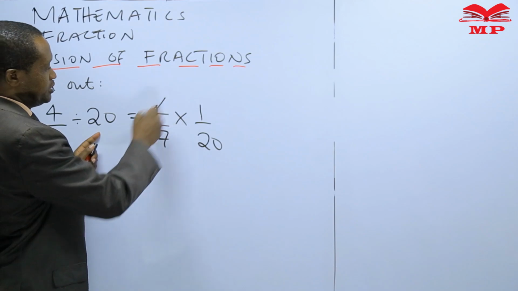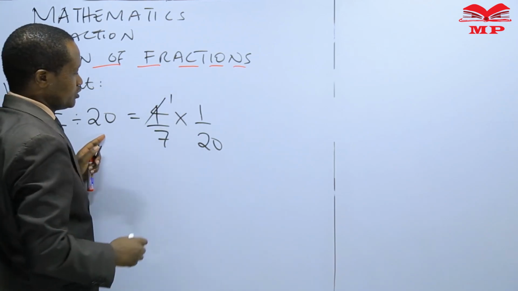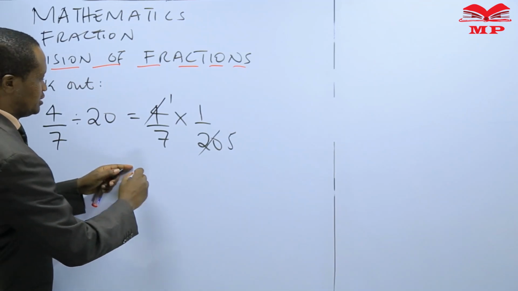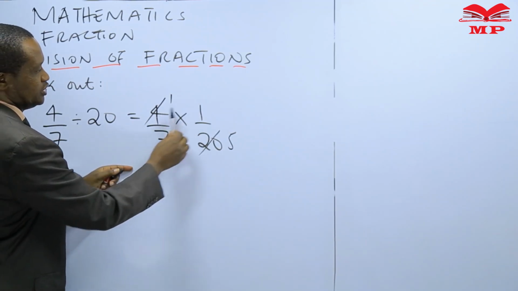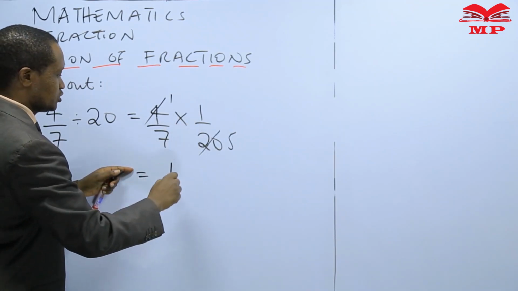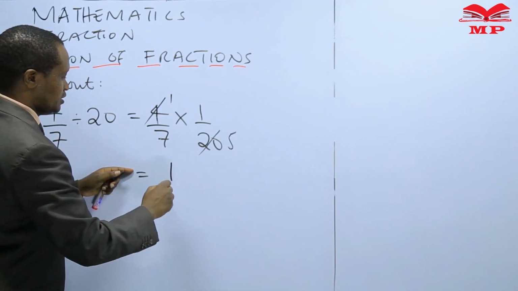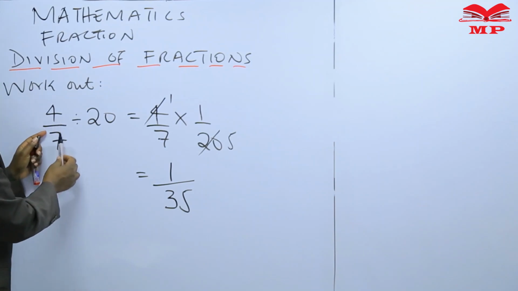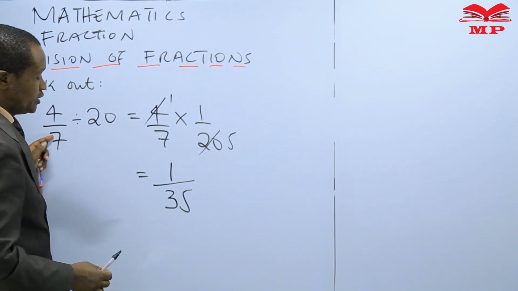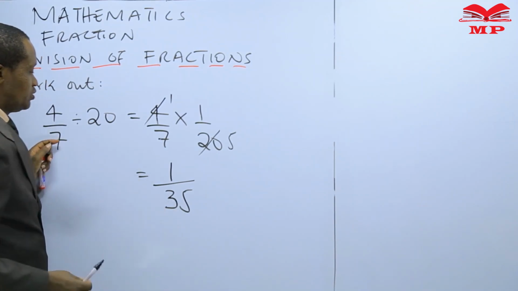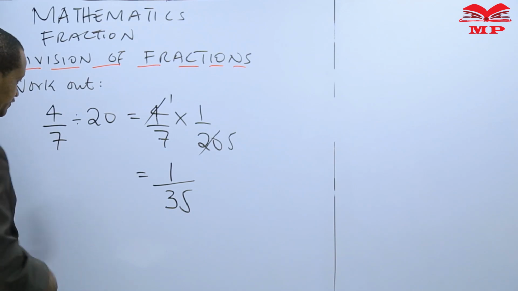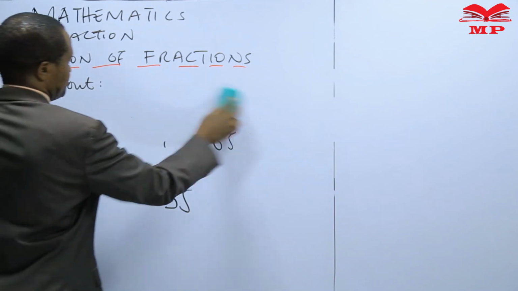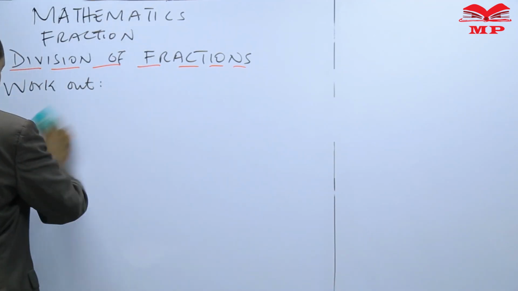Then next step, simplify by cancellation. 4 goes there once, 4 goes here 5 times. The answer is, we multiply the numerators. 1 times 1 is equal to 1. 7 times 5 is equal to 35. So 4 over 7 divided by 20 is equal to 1 over 35. That is example 2.